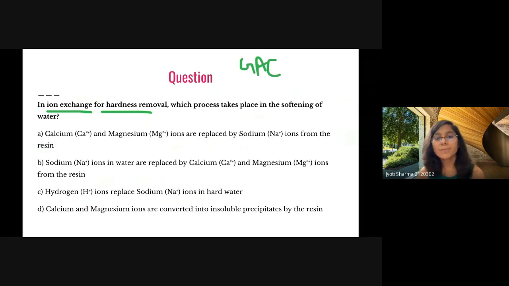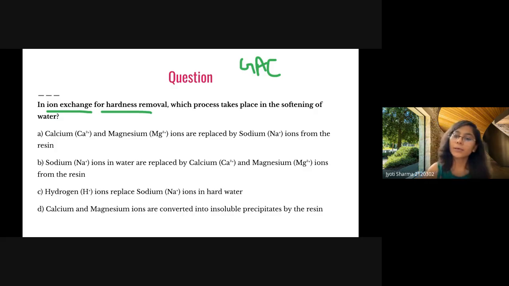Calcium and magnesium ions are replaced by sodium ions from the resin. Sodium ions in water are replaced by calcium and magnesium ions from the resin. Hydrogen ions replace sodium ions in hard water, and calcium and magnesium ions are converted into insoluble precipitates by the resin. Let me see the answers.